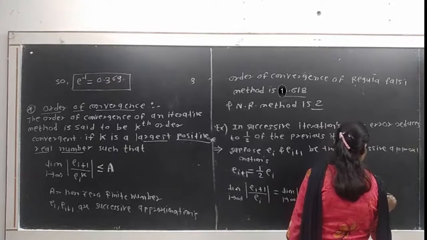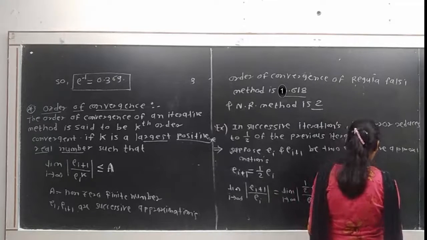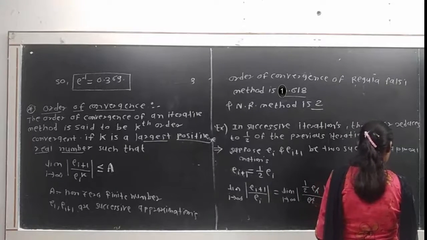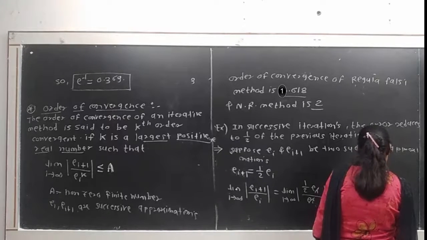So we get 1 by 2 as the number A, which is a non-zero finite number.